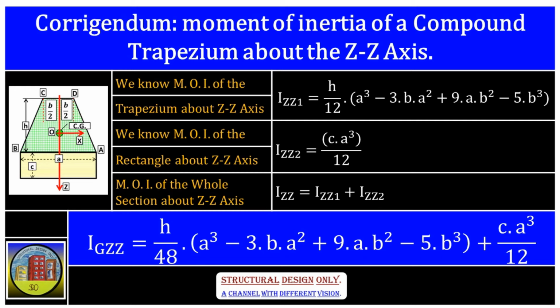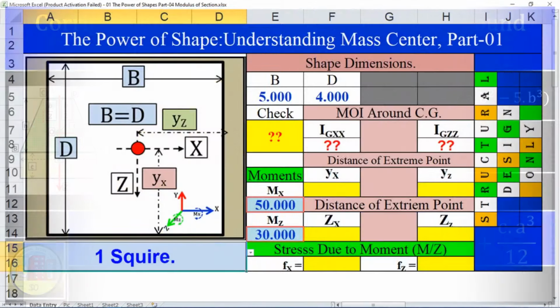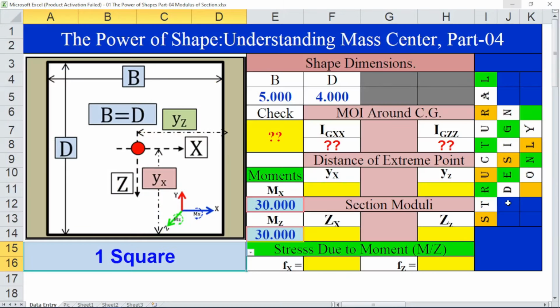Time to put these formulas into practice with an Excel spreadsheet. Welcome back to our Excel spreadsheet for practical calculations regarding section modulus and bending stress. Let's explore this dashboard.